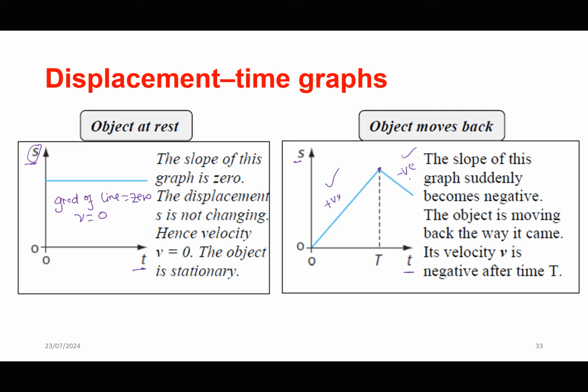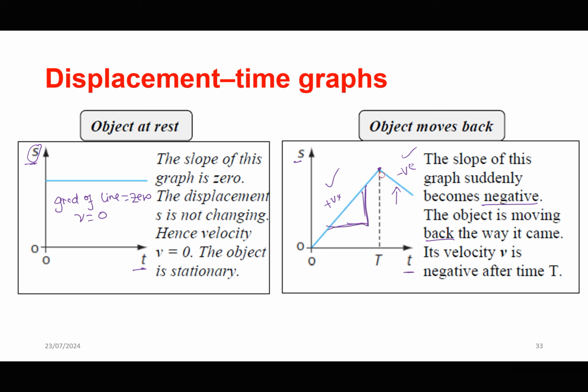Therefore, the object can be said to be on its return journey. Here the object is returning to where it started from. The slope of this graph suddenly becomes negative. The object is moving back the way it came. Its velocity v is negative after time t. In the first case, the gradient is positive for this line.